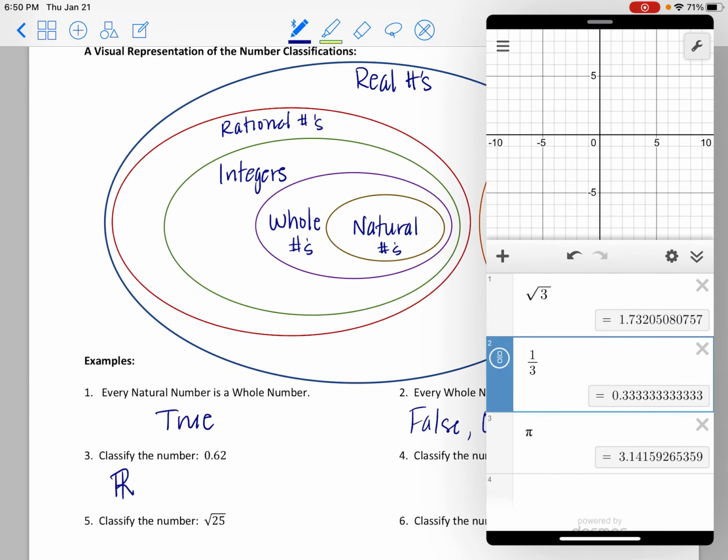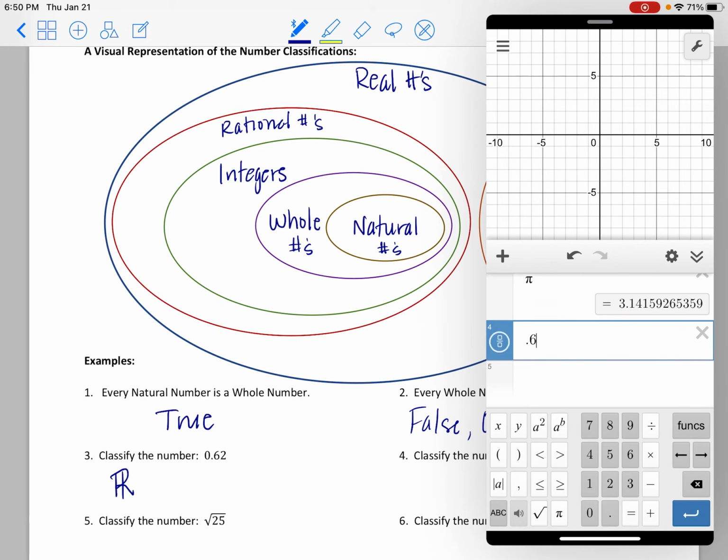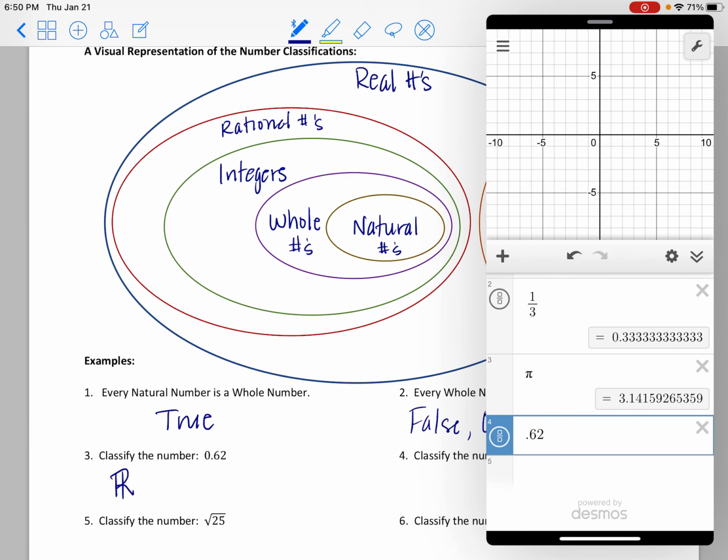Well, we can. 0.62, if you put that into Desmos, see in blue next to the 0.62, it'll allow you, if it's possible, to take your decimal and make it a fraction. 0.62 is 62 out of 100. It's 62 in the hundredths place of the decimal, and that reduces to 31 out of 50 as a fraction. So in fact, 0.62 has a fractional value.